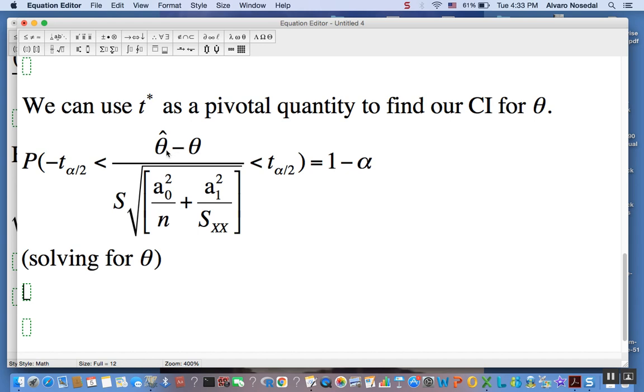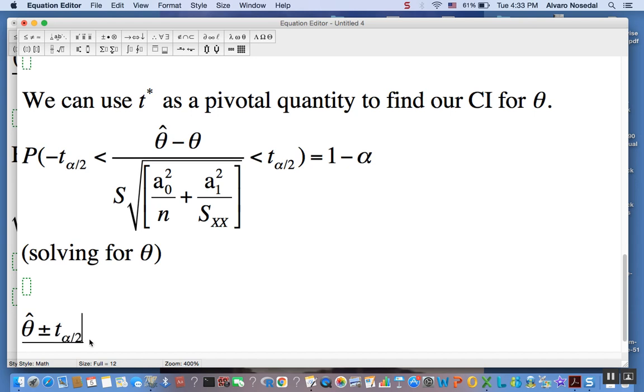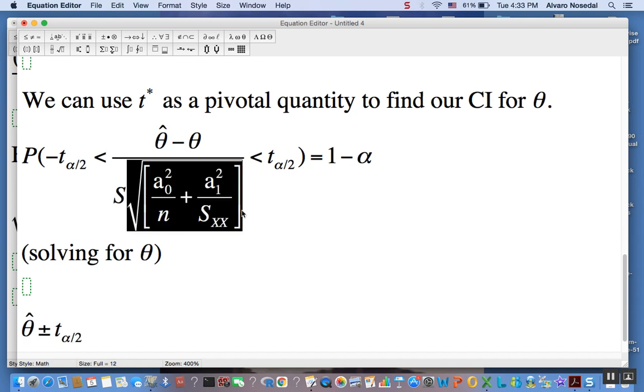You end up with something that looks like this: theta hat plus minus t of alpha divided by 2 times this guy here, our denominator.